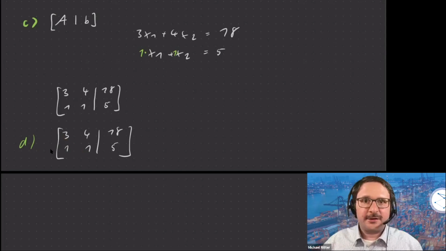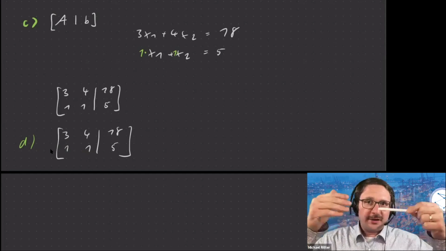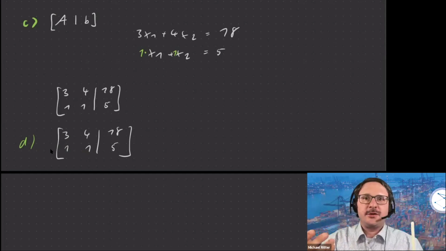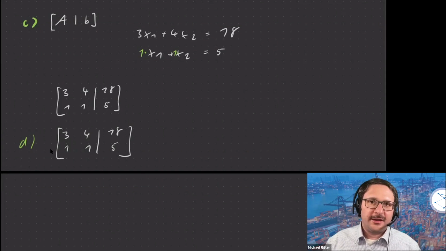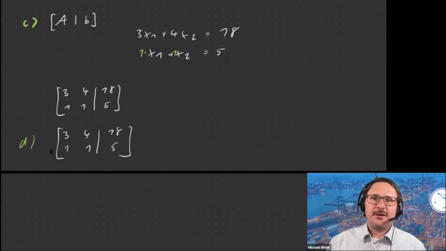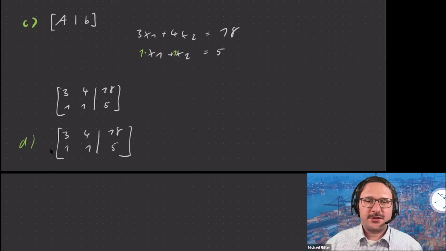So what that means is for each row, beginning from the first row, we choose the leftmost non-zero element. We designate that as a so-called pivot element. And then we do steps that transform that equation system, keeping the solution space the same, but in a way that we obtain zeros below that pivot element.